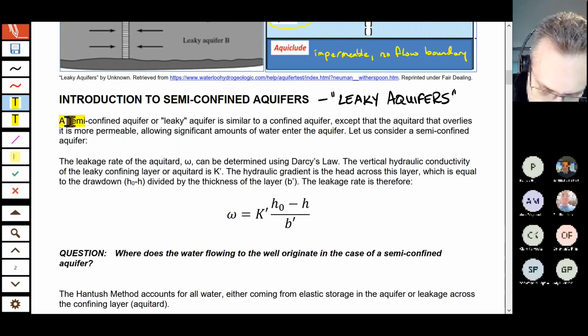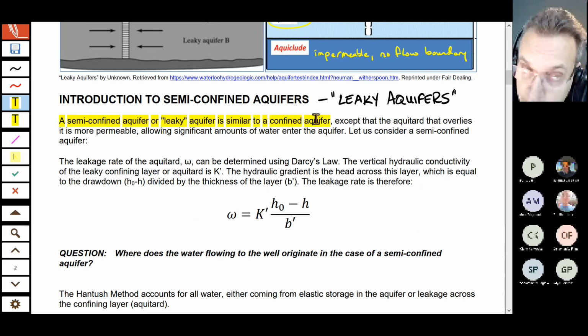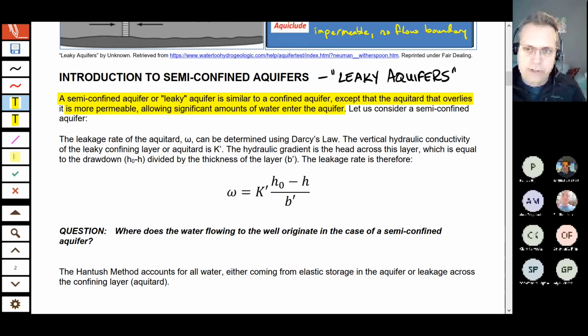So again, just to repeat what we saw in the graph. A semi-confined aquifer, or leaking aquifer, is similar to a confined aquifer, except the aquitard that overlies is more permeable, allowing water into the aquifer. And unfortunately, we have to go back to well function tables in order to satisfy our equations again.